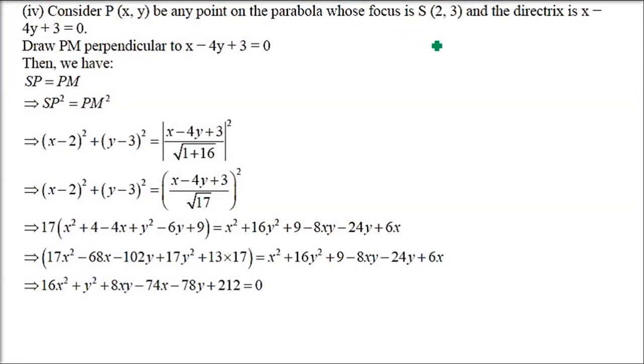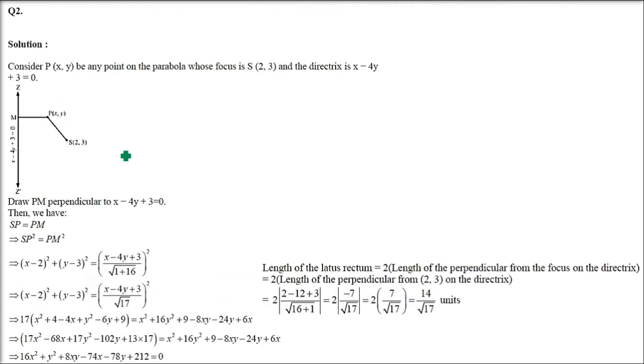And then we have the fourth one, same thing we are going to do here. So distance of xy from 2, 3, distance of xy from x minus 4y plus 3, square it and just rearrange the equation, and you are going to get this final equation, same as the first one.